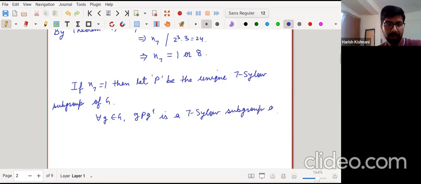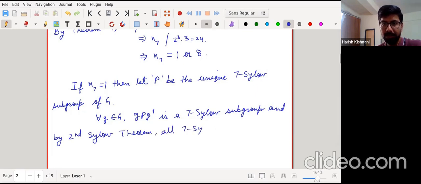And by the second Sylow theorem, all 7 Sylow subgroups are of the form gPg inverse.